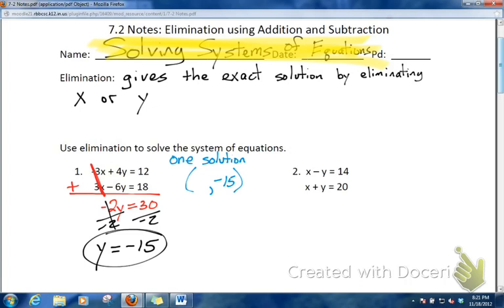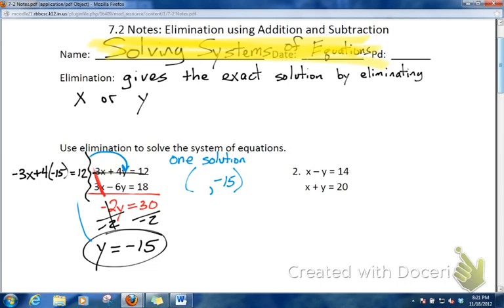So I'm going to plug it in for y, and I'm going to rewrite my first equation. So my first equation now says negative 3x plus 4, but instead of times y, it's times negative 15, and that's going to equal 12 still. So here's my new first equation once I've plugged negative 15 in for the y.